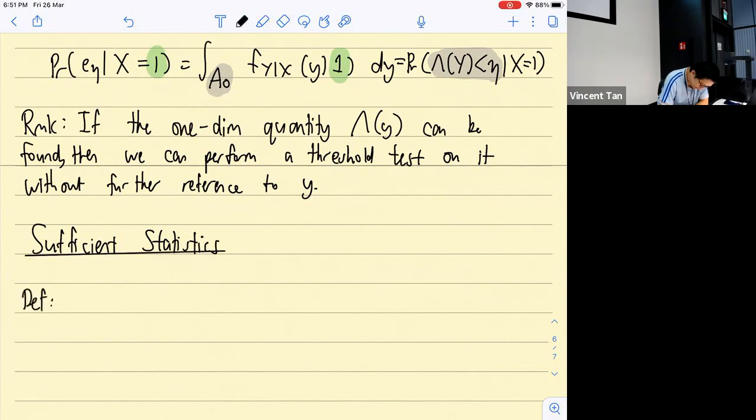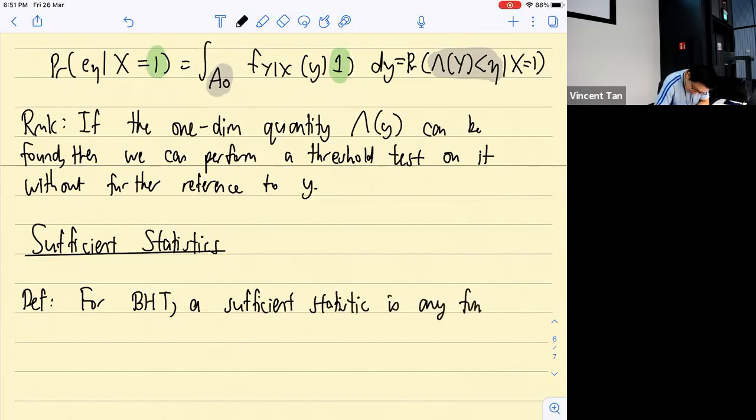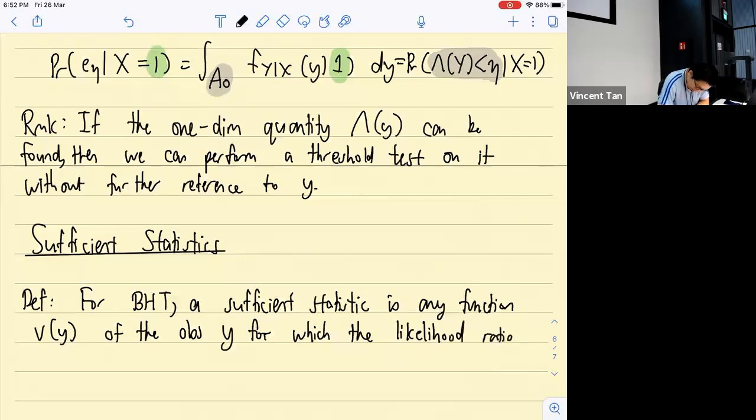Definition: for binary hypothesis testing, a sufficient statistic, and I will provide some examples, is any function v of y of the observation y for which the likelihood ratio lambda of y can be computed.